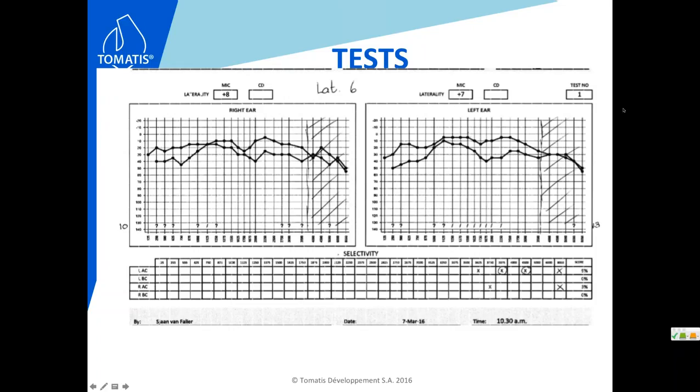Then there are big gaps between AC and BC in the left and the right ear, but more in the left than the right. There are many specialization errors in both ears, but the left ear has more specialization errors in the linguistic area, while the right ear tends more to the lower and higher frequency areas.